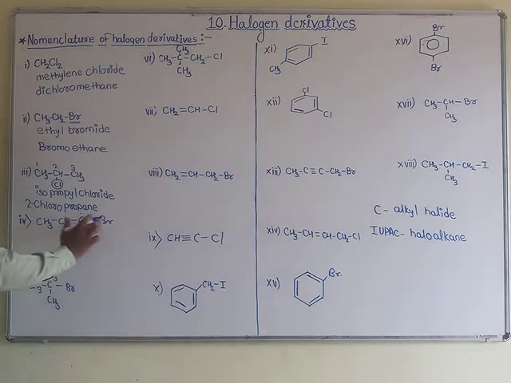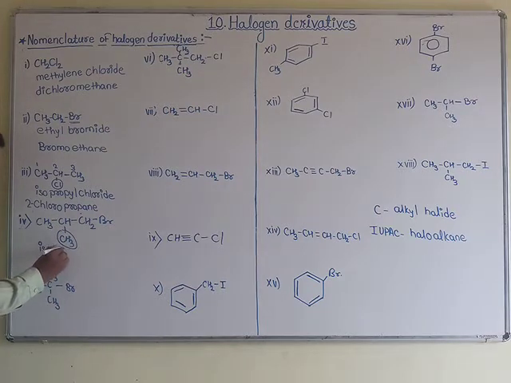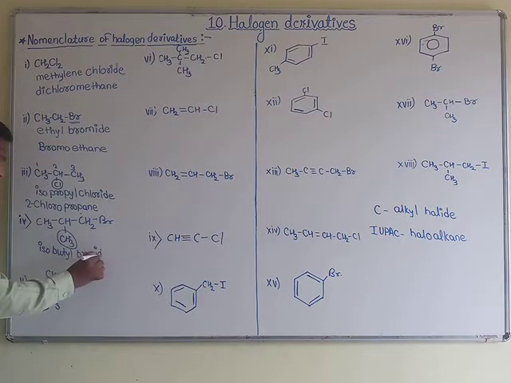Here is a straight chain and again a substitution is present on the second carbon. Therefore, iso is the prefix which is added here. How many carbons are present? 4. Therefore, isobutyl bromide is the common name for this compound.